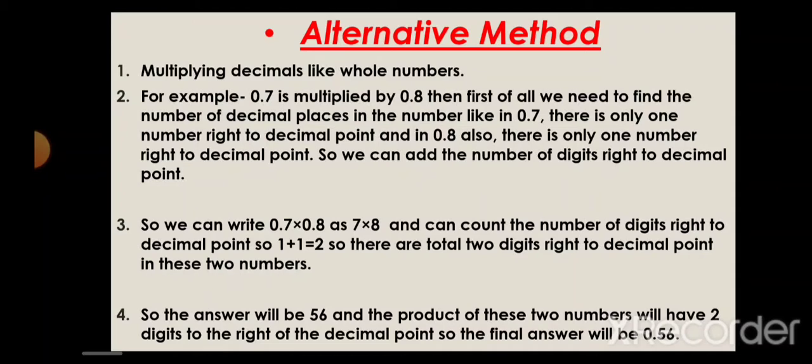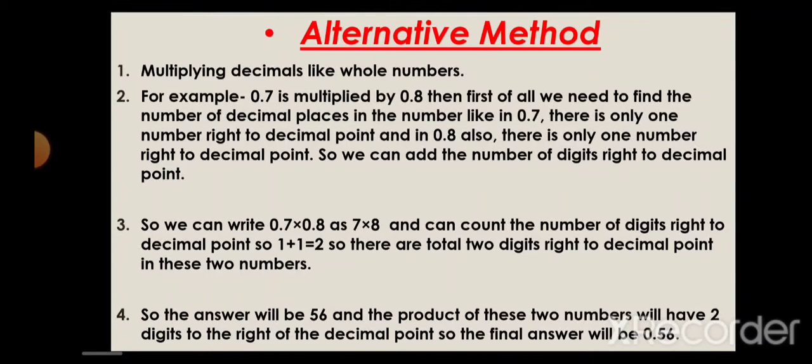Now our first step of solving decimals like whole numbers will be finding the number of digits right to the decimal point. Let's take an example: 0.7 multiplied by 0.8. First of all, we need to count the number of digits right to the decimal point in both numbers.